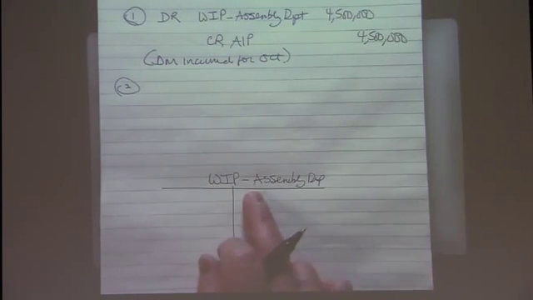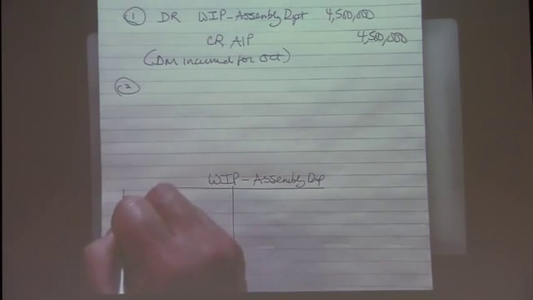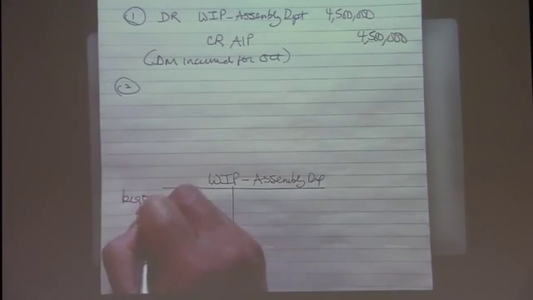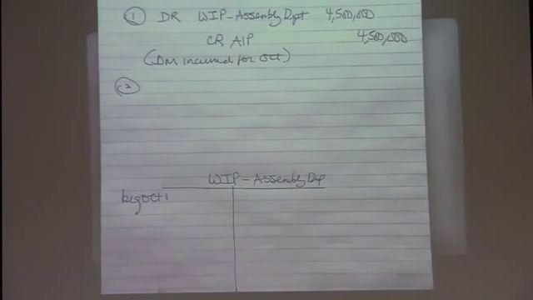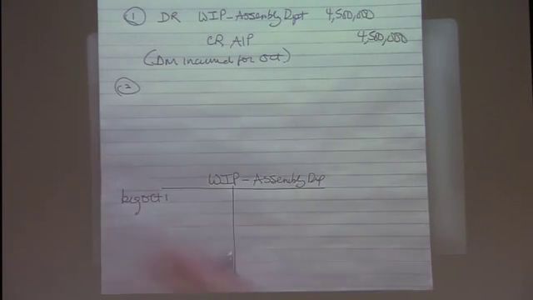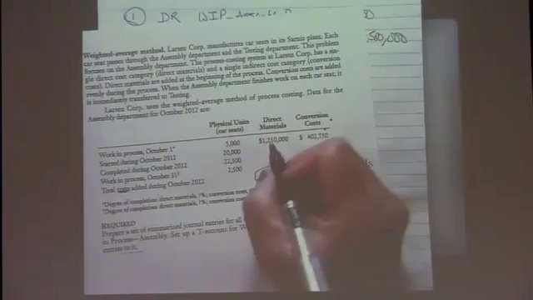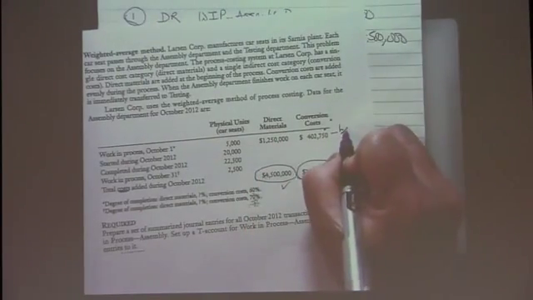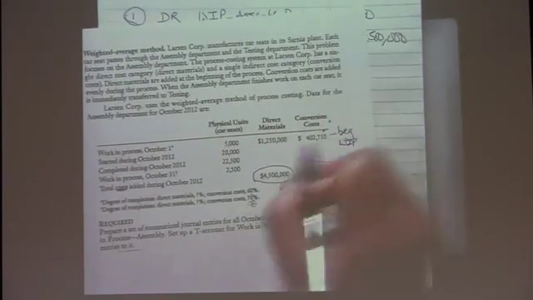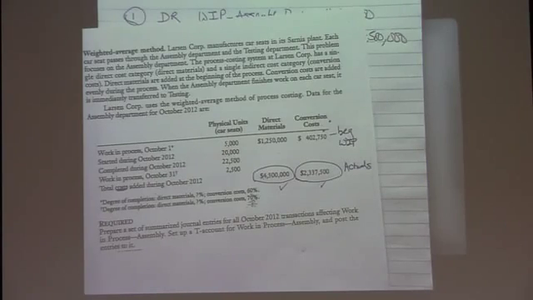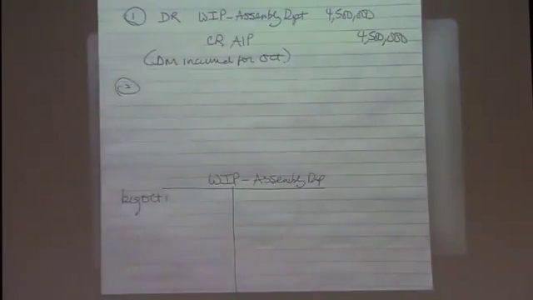So in our assembly department, we would have already had a beginning inventory, didn't we? October 1st. And that was given to us, right? Okay, now how do I know what was the beginning October 1st? Well, you could see that it's the sum of these two, 402,750 and 1,250,000.